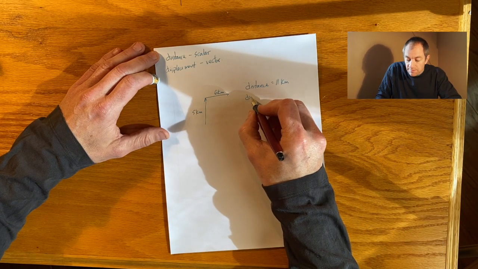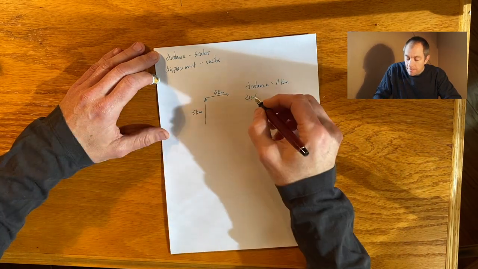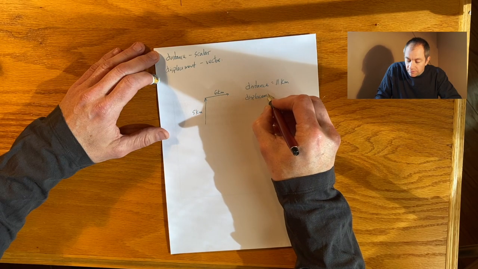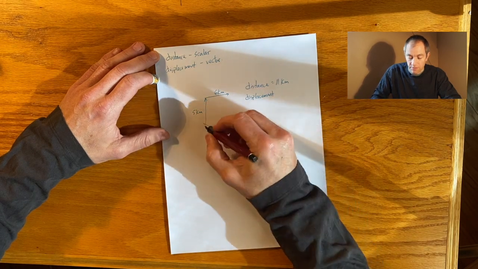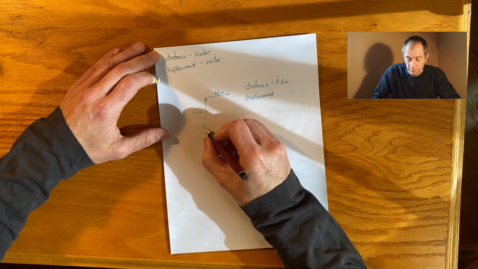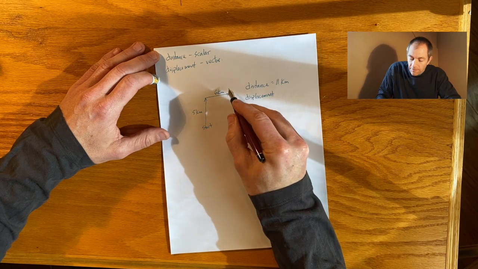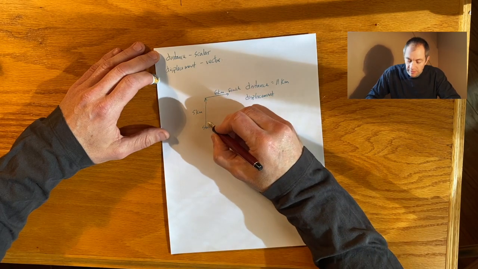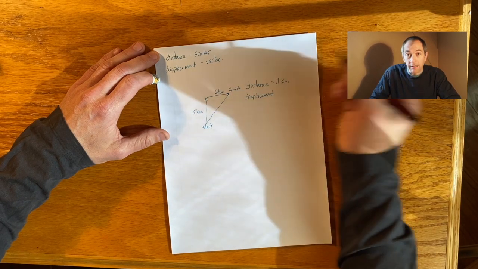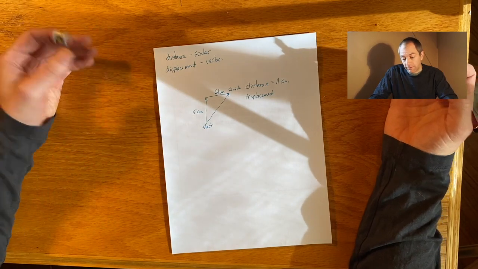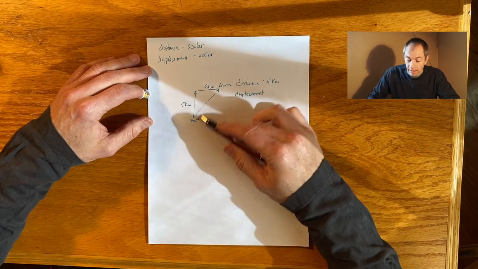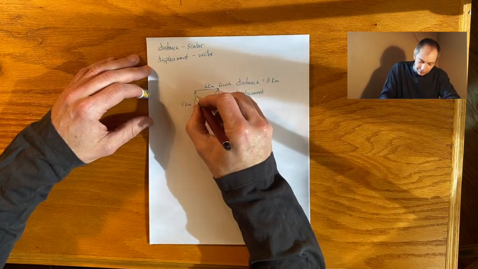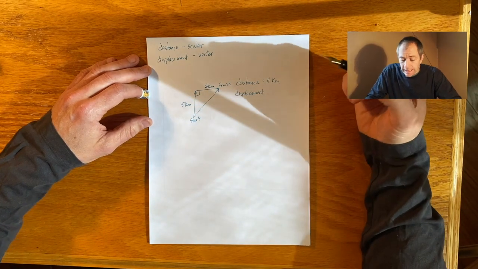So the displacement, in case you can't remember, that's the distance you are from the start. So we started here, start. We finished here, finish. So our displacement is that right there. Now at first we're going to have to use Pythagoras to get that hypotenuse length in, provided I drew that properly at 90 degrees.